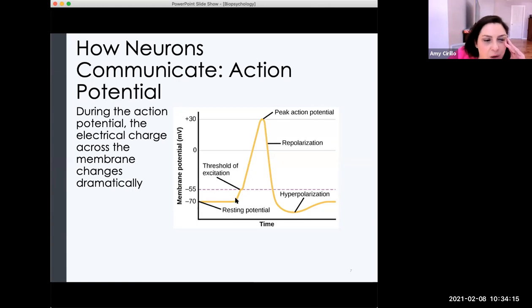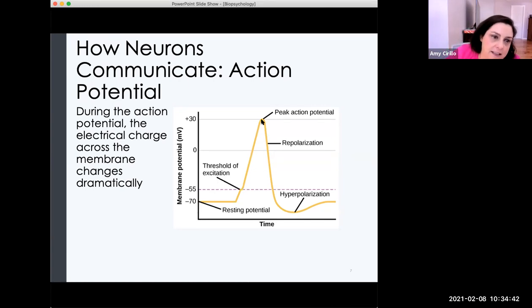And then right when enough sodium comes in from a sending neuron, it starts to say, whoa, something's wrong. It's too negative inside our cell. We have to open some gates and let some of this potassium out. This is uncomfortable, right? So the potassium floods out, and that's the peak of the action potential.